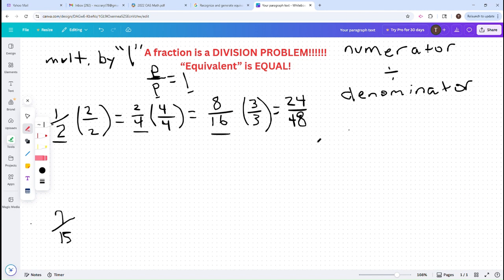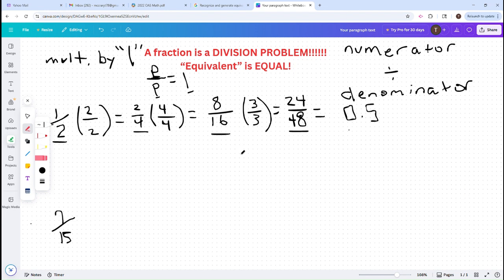And 24 out of 48 is half. If you were to put any of these 3 underlying fractions in a calculator, it would read 0.5. And that's it. So 1/2, 2/4, 8/16, 24/48, they're all 1/2.